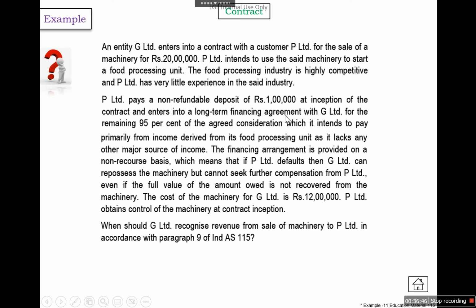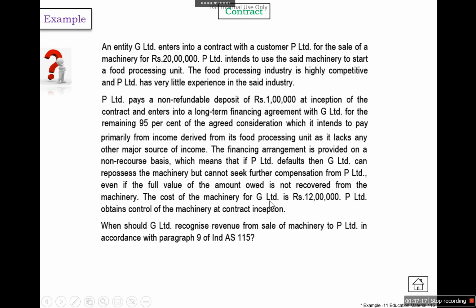There is a financing agreement with G Limited for the remaining 95% of the agreed consideration, which P Limited intends to pay primarily from the income received from its food processing unit. As it lacks any other major source of income, the financing arrangement is provided on a non-recourse basis, which means that if P Limited defaults, G Limited can repurchase the machinery, but it cannot seek further compensation from P Limited, even if the full value of the amount owed is not recovered from the machinery.